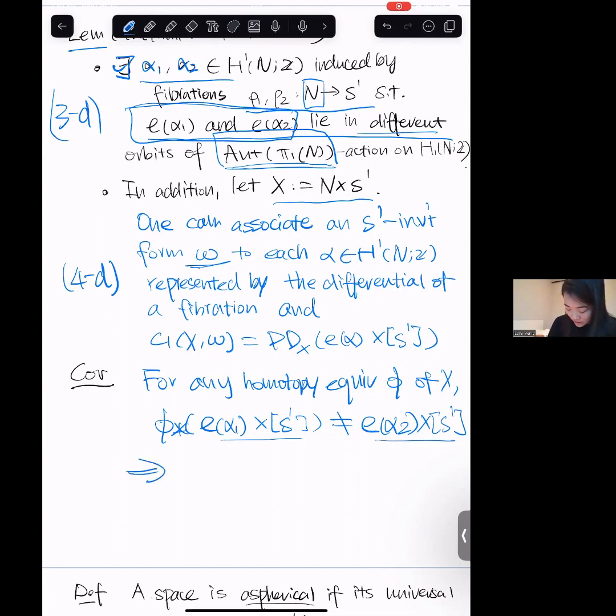And so this gives us that if you look at the Chern classes, they are also not in the same orbits of homotopy equivalences on the 4-manifold level.